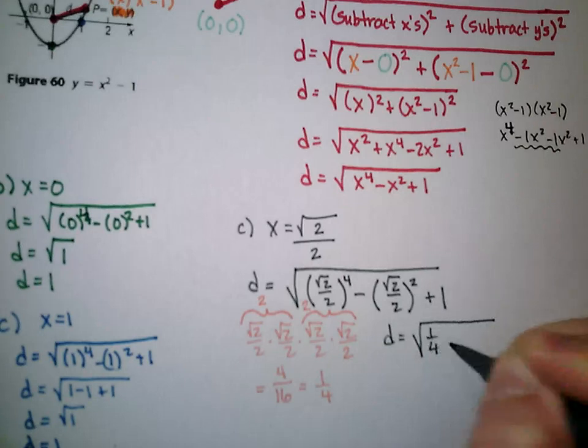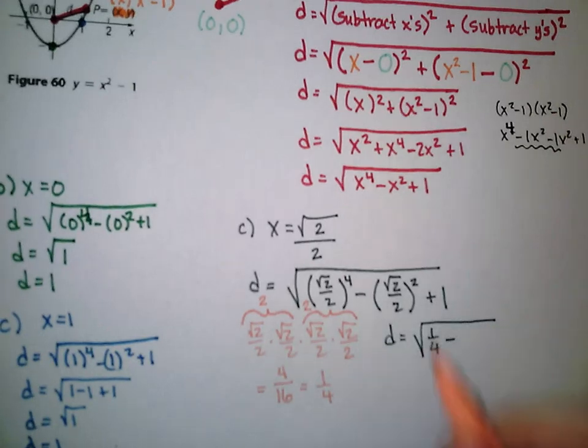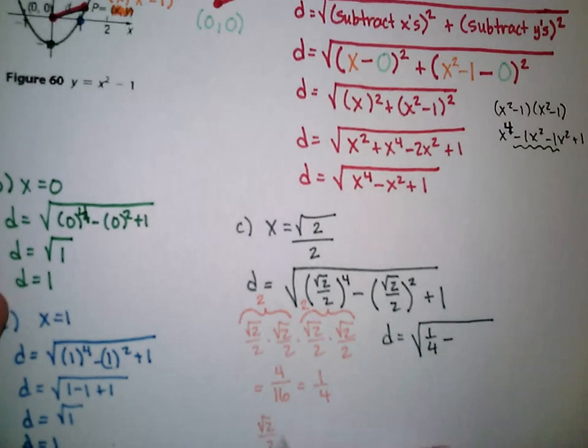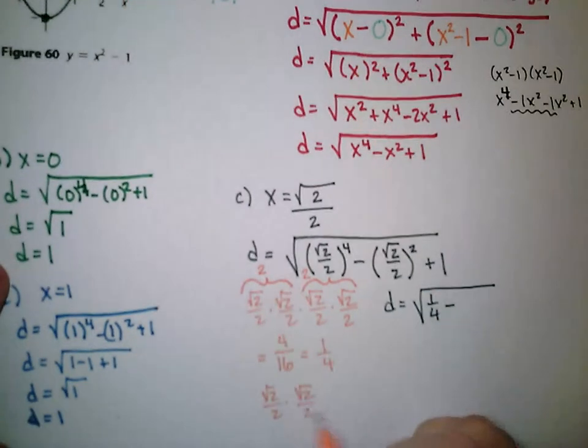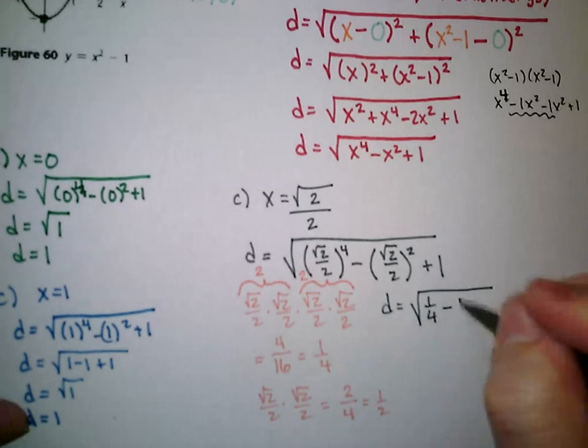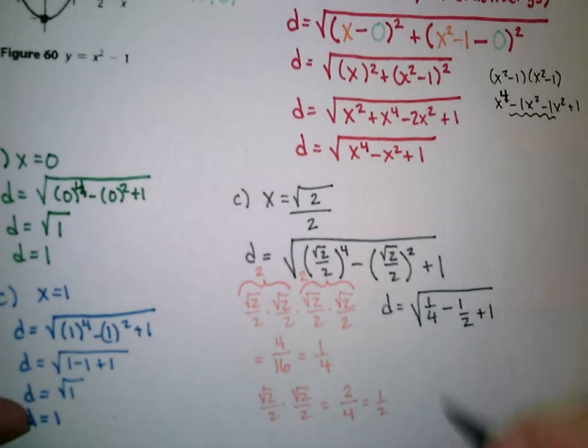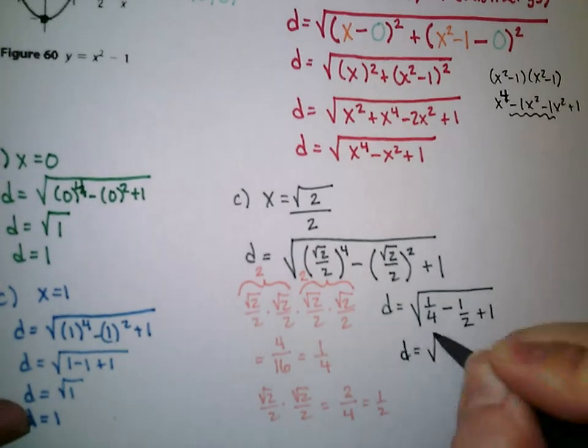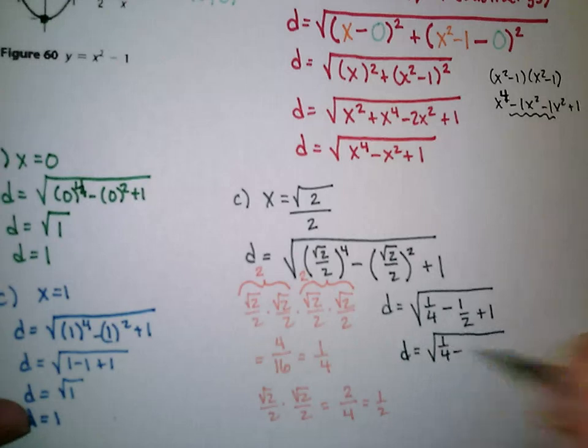So we have 1/4 minus square root of 2 over 2 squared, which would be 2 over 4. So 1/2. So 1/4 minus 1/2 plus 1. So let's make these all into fourths.